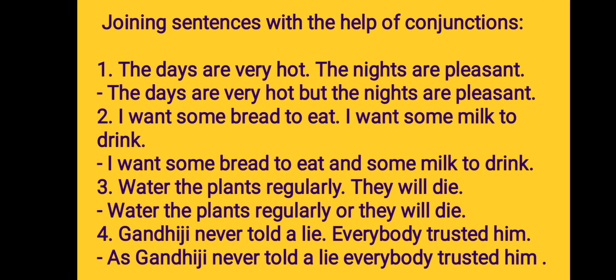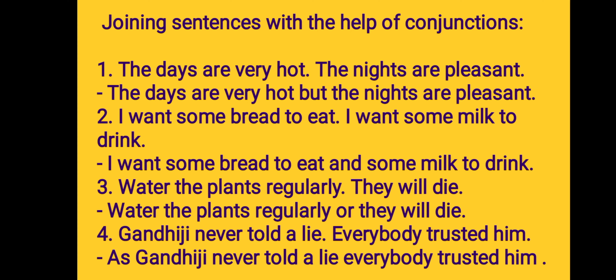Next, number 3, water the plants regularly, they will die. Now, think what are these sentences suggesting? They are suggesting alternatives or choices. So, water the plants regularly or they will die.